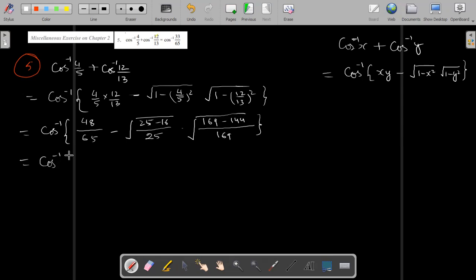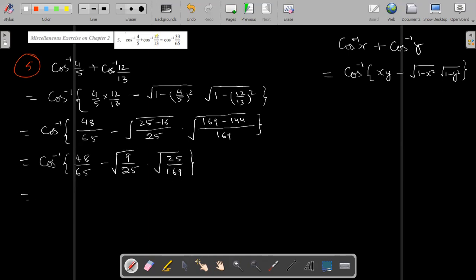Then cos inverse 48 upon 65. 25 minus 16 will be 9. So 9 upon 25 under root, 169 minus 144 is 25, divided by 169.